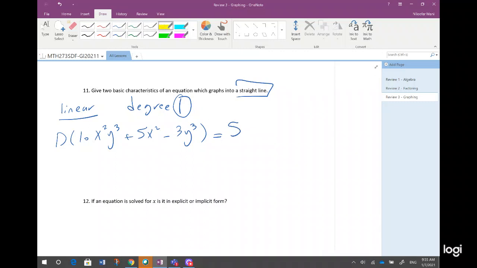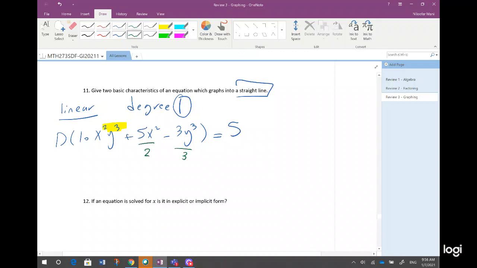How do I know? I look at the highest one. You look at each term and you add all the exponents for each variable in that term. Here this is 5, here this is 2.